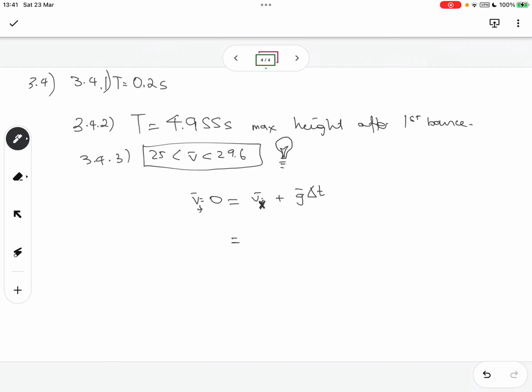So 0 equals the velocity at x plus 9.8, and the time difference between 4.955 and 2.2 is the time difference.